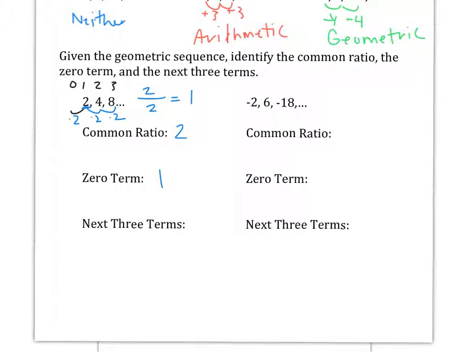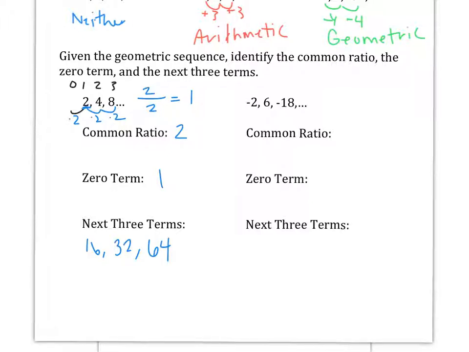So if it doesn't jump out in your head, you could always work backwards: start with your first term and divide it by the common ratio. So the zero term is 1. The next three terms: 8 times 2 is 16, 16 times 2 is 32, 32 times 2 is 64.